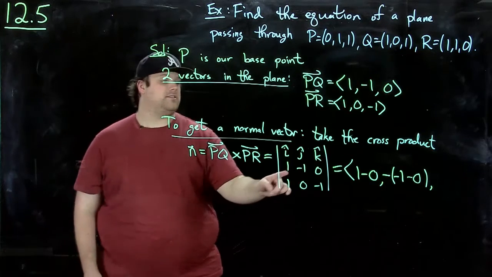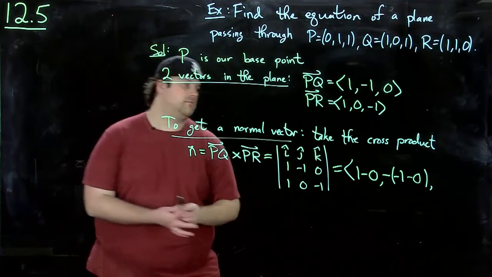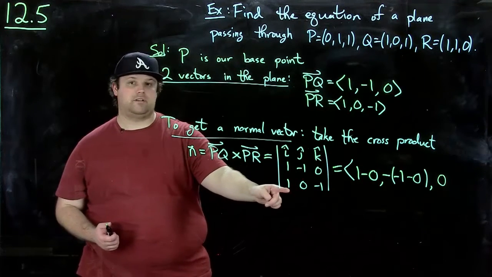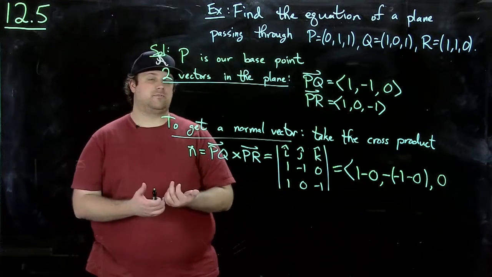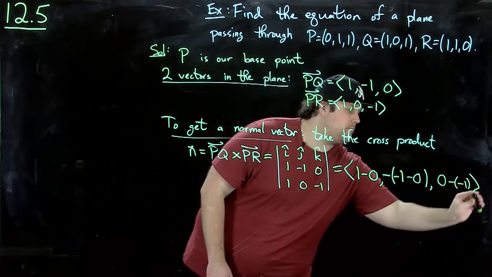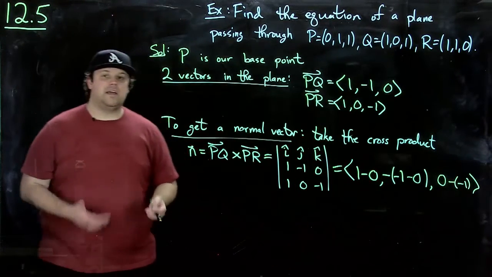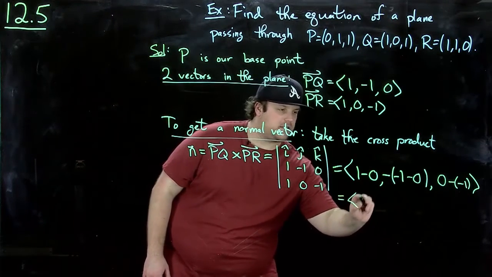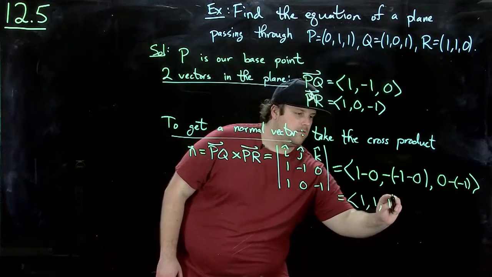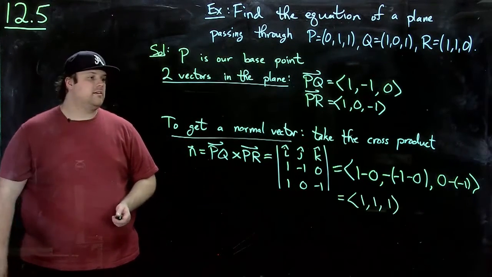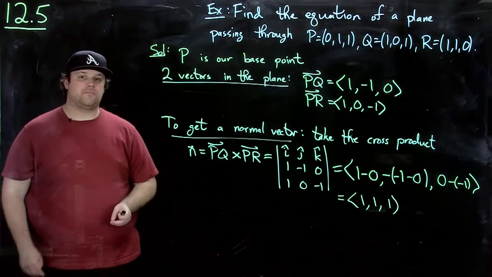So we have 1 times 0, which is 0, minus negative 1 times 1. So we're subtracting negative 1. If we simplify all this, we get the vector 1, 1, 1. So that's our normal vector.